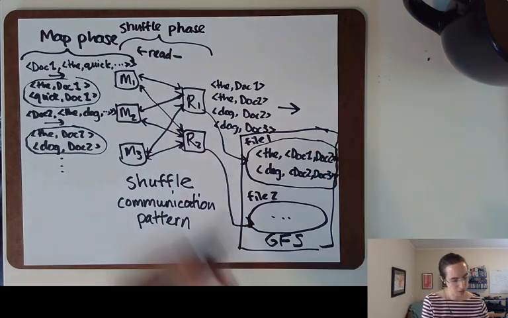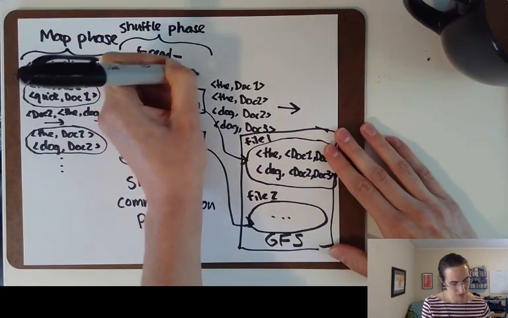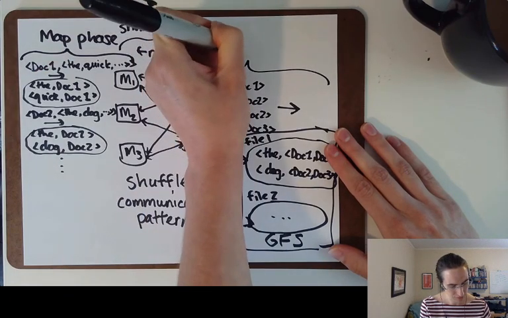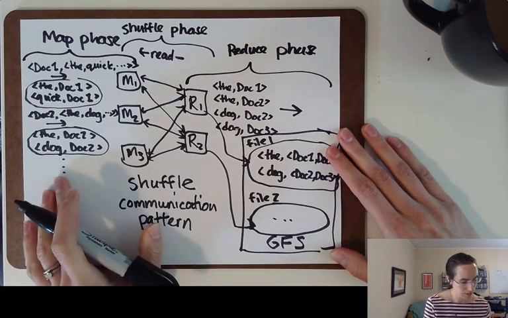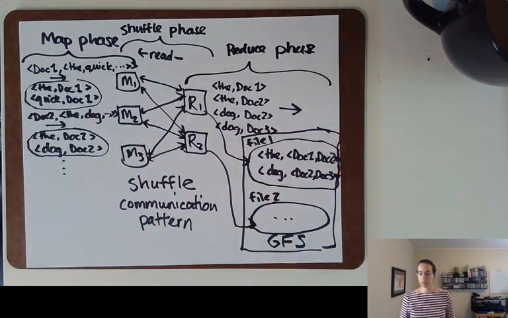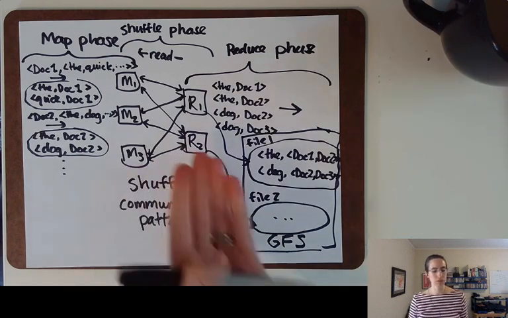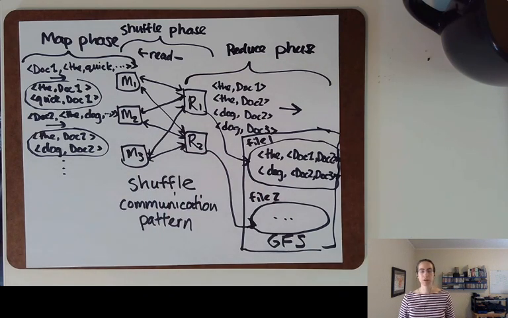And the part that took place on the R machines is the reduce phase. So this particular example was an inverted index, but it turns out that this pattern of map phase, shuffle phase, reduce phase is common to a lot of computations. The only part of the computation that was specific to this particular task at hand was a tiny little piece of code, right? The tiny little piece of code that we kind of sketched out earlier.